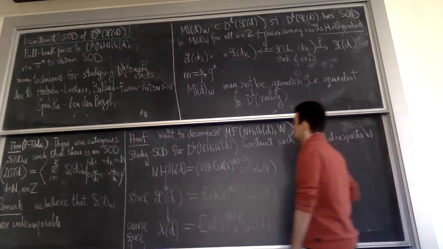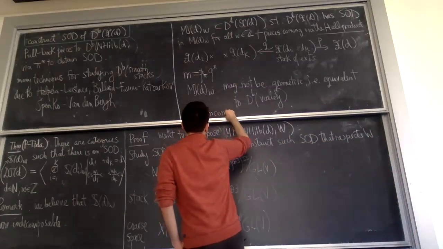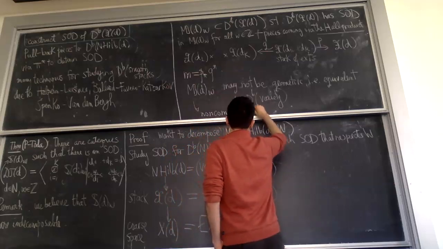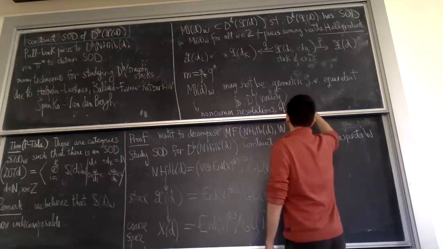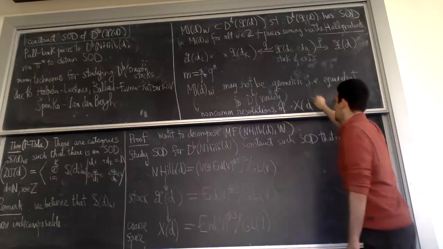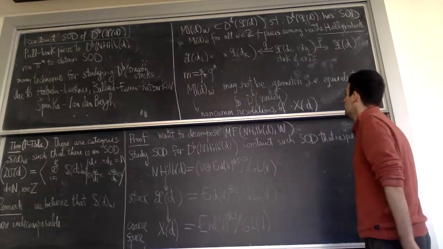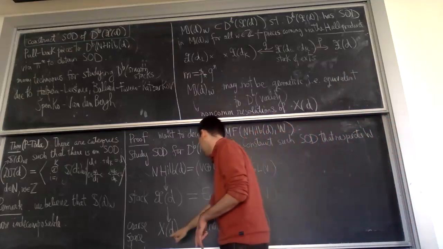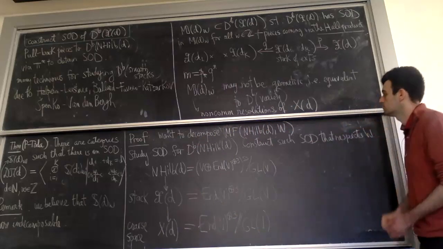So maybe, yeah, but they are what is called non-commutative resolutions of singularities of XD, of this core space. So they are smooth categories, but they are also sort of proper over this affine variety, over this core space XD.